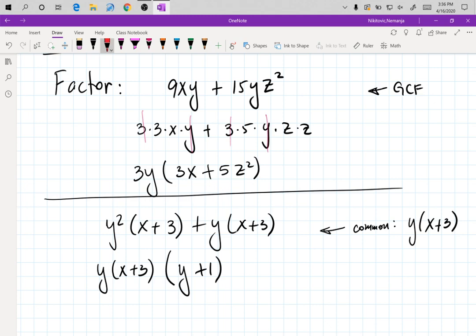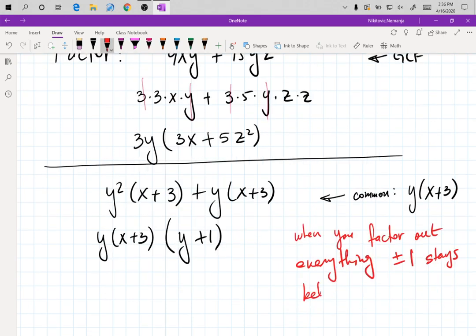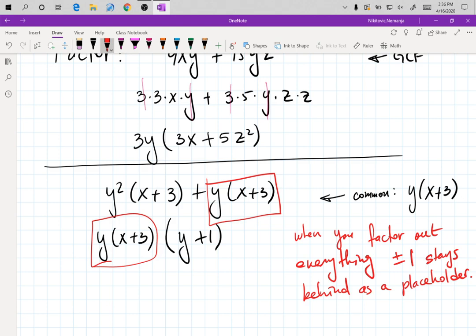Again, I know I wrote this before, but when you factor out everything, positive or negative 1 stays behind as a placeholder. What do I mean by placeholder? Well, if you just factored all of this out, you might say it's 0, but it's not a 0.